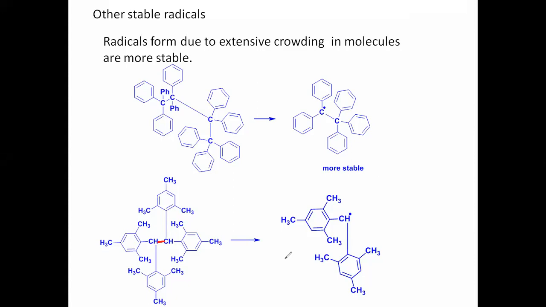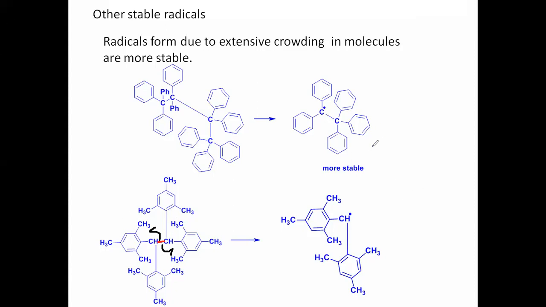Because of continuous strain pressure from the bulky groups on this carbon. Therefore, this bond will try to undergo breakage by homolysis, and there is a formation of this radical. This radical is stable compared to this molecule.